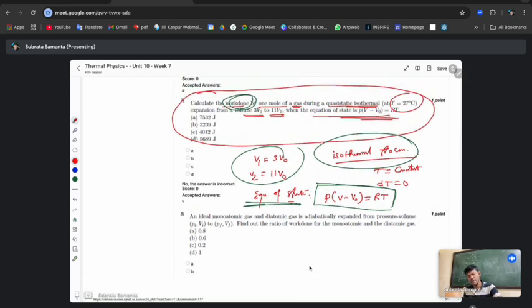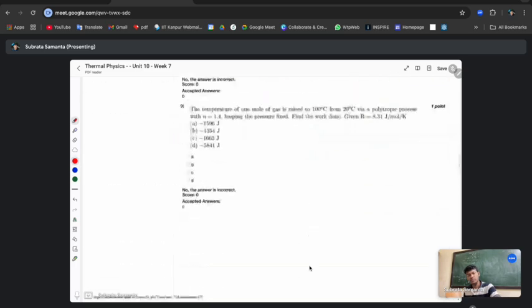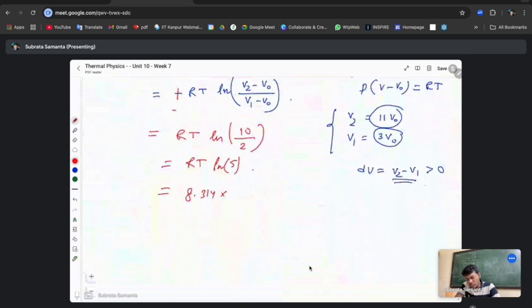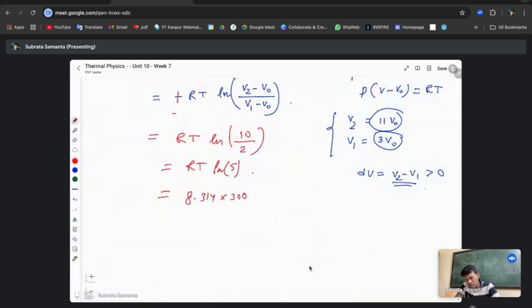So that means 300 Kelvin. So times 300 times ln 5. So this is basically in joule, right? So it's 4012 joule.